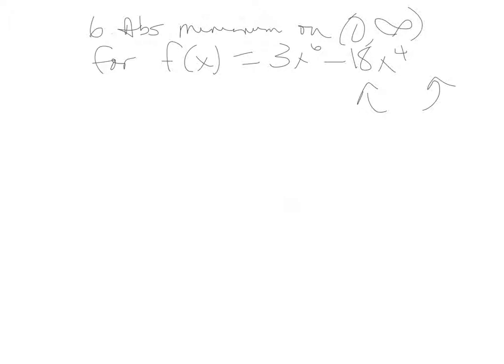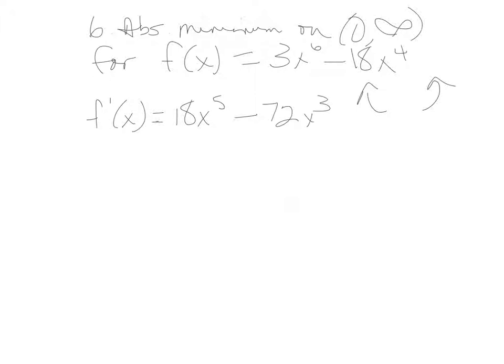Now, as long as they're both up, does that mean the potential for an absolute minimum exists? Yes, it does. So, to go about finding it, let's go ahead and find our first derivative. So what's going to be the first derivative of 3x to the 6th minus 18x to the 4th? 3x to the 6th becomes 18x to the 5th minus, now let's differentiate 18x to the 4th, 72x to the 3rd, right?